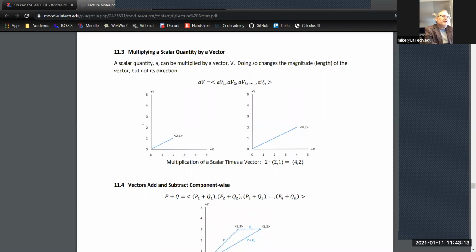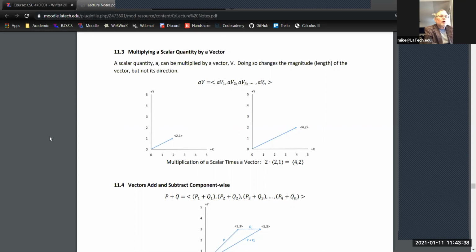So for example, if I have our little vector that we've been playing with, 2, 1, and I multiply that vector by the scalar 2, I do the multiplication component wise. I take 2 times 2, that gives me 4, and I take 2 times 1, that gives me 2. So multiplying the scalar 2 by the vector 2, 1 gives me the vector 4, 2.